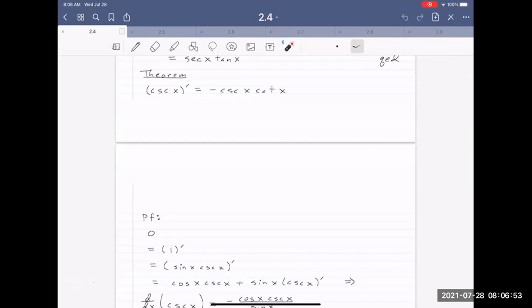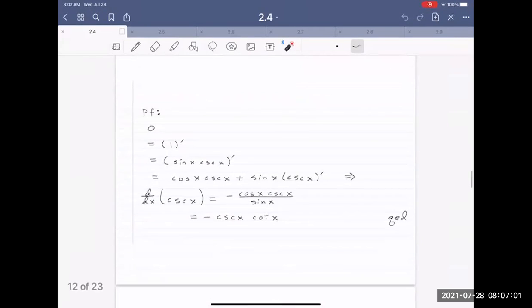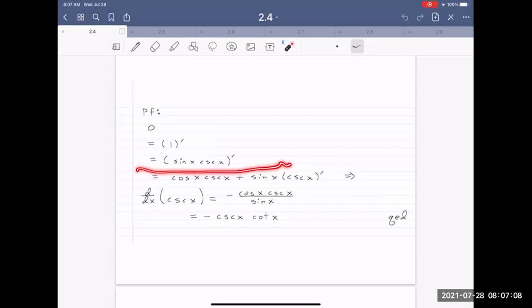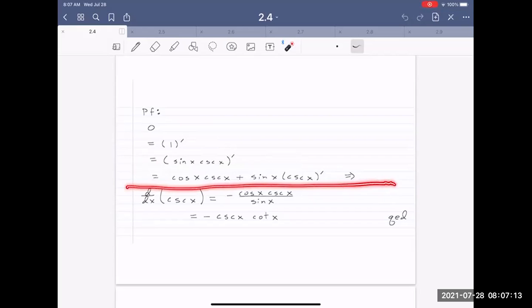Next, the derivative of cosecant x is negative cosecant x cotangent x. So 0 is the derivative of 1, which is the derivative of sine x times cosecant x. Use the product rule. So this is equal to the derivative of sine x, which is cosine x, times cosecant x plus sine x times the derivative of cosecant x.